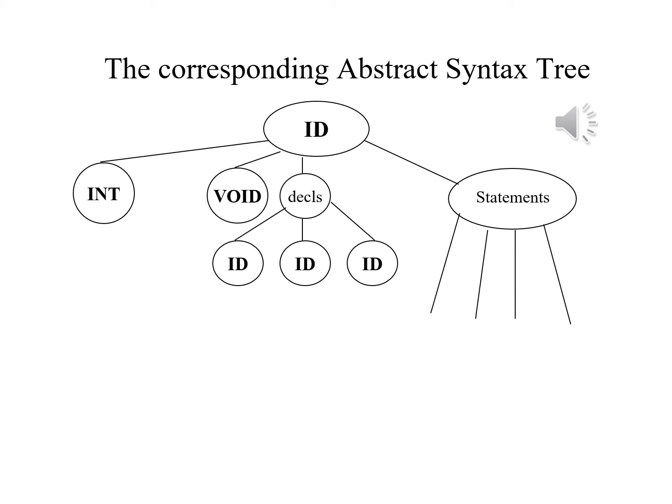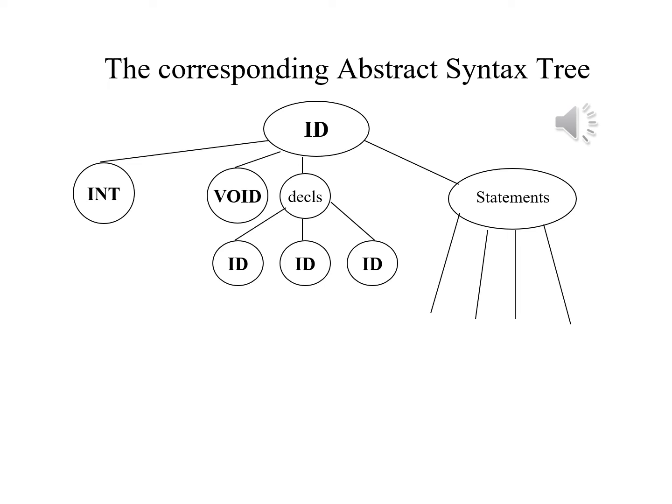Here we can see an example of an abstract syntax tree that we can build based on the program that we've had so far. The ID at the top refers to main, our main program in this case. We can see from working children left to right that its return type is integer, that it has no parameters, and that there are declarations for variables within the main function.